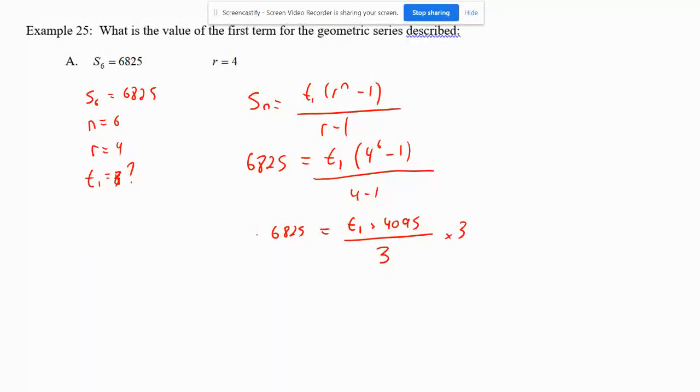So I'm just going to multiply both sides times 3. Divide both sides by 4,095. Plug that in your calculator, guys, and we get 5 equals T1. So it's 3 times 6,825 divided by 4,095. And this answer is T1 equals 5.